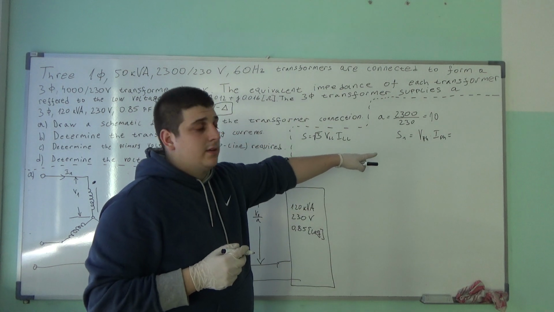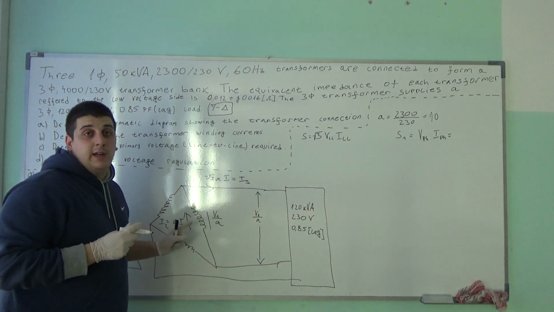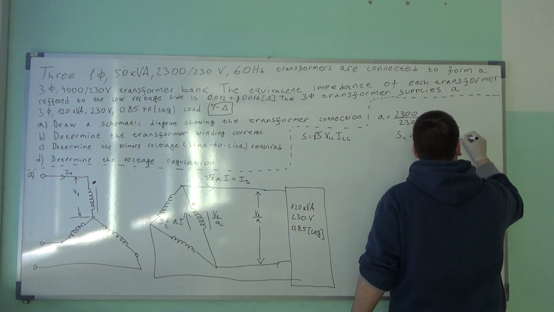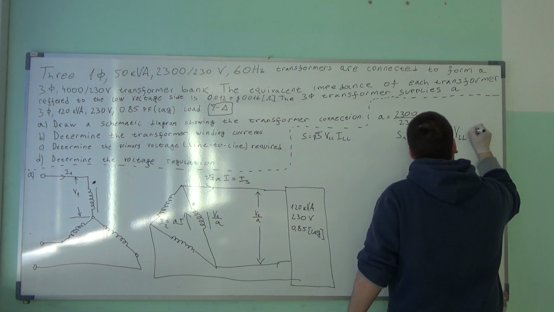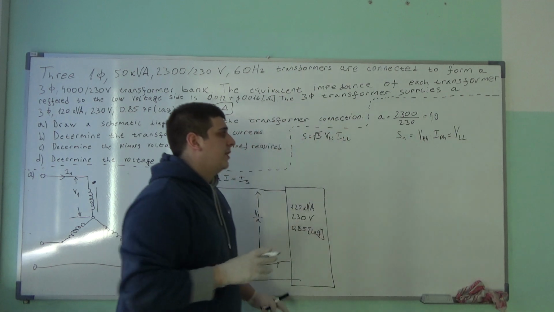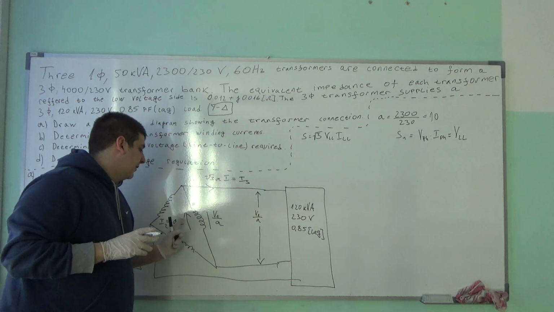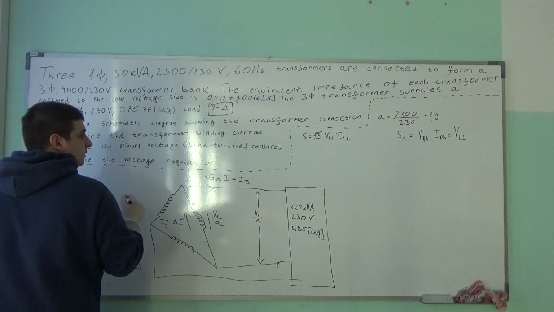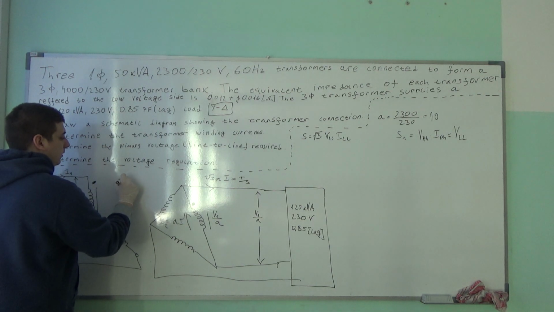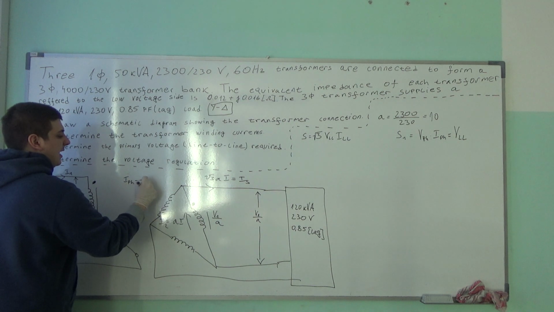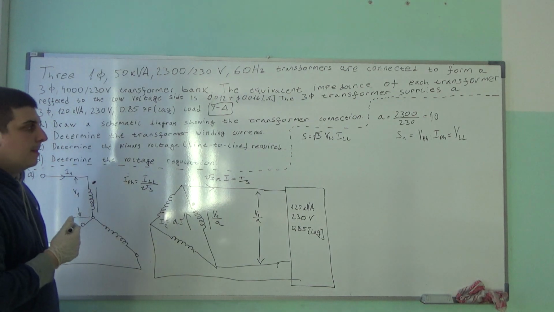The phase voltage of a delta connection is the same as the line voltage, whereas in a Y connection the phase voltage is equal to the line voltage divided by square root of 3.